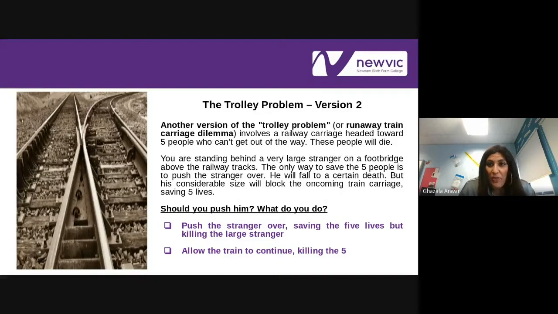We're often faced with these scenarios in real life, but what separates us from other people is what matters, and that's what we're going to look at. Okay, guys, hopefully you've all written down your responses to those trolley problems, these moral dilemmas.